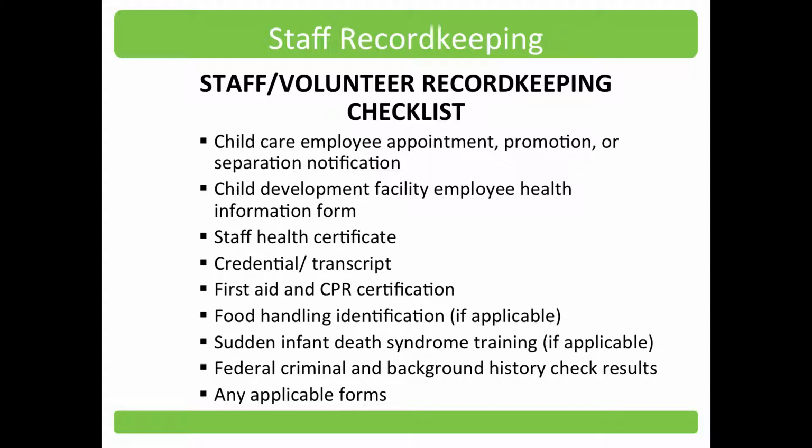Child care employee appointment, promotion, or separation notification. Child development facility employee health information form. Staff health certificate, credential/transcript, first aid and CPR certification, food handling identification, sudden infant death syndrome training, federal criminal background history check results, any applicable forms.